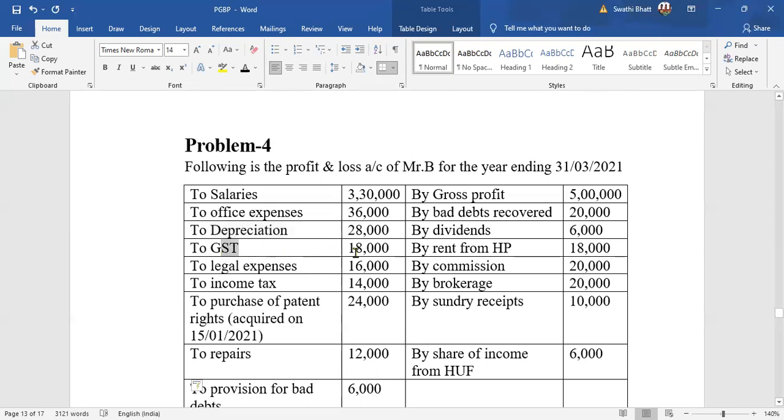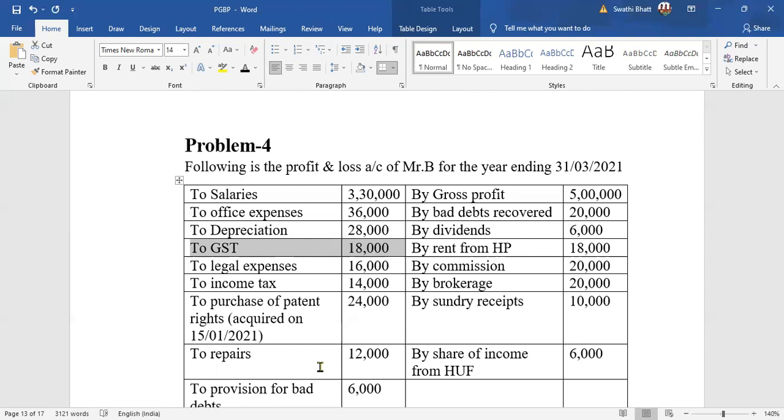The next one is GST. The payment of GST is also allowed because in the normal course of business, you would require raw materials. GST will be paid for all the materials that you use for production. So GST, payment of GST is part and parcel of business. So it is allowed. But see to it that it will be allowed only if GST is actually paid.